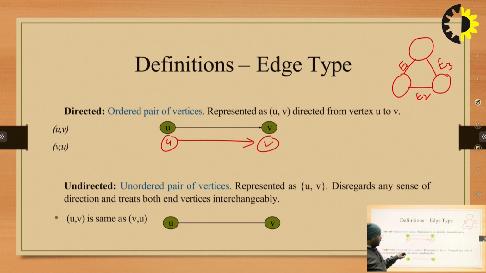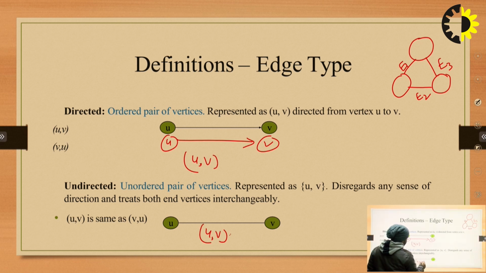An undirected graph has an unordered pair of vertices represented as (u, v), and this you can say is both (u, v) and (v, u). Because there is no direction, you can write u, v or v, u. So this is directed or undirected.